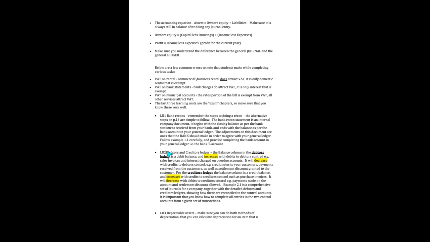Then learning unit by learning unit, just some simple hints and tips, the highlights that you have to watch out for in those specific learning units. The little key things. Sole trader, L4, partnerships, closed corporations, and then incomplete records for your learning unit 7. So this document exists. I'm going to upload it to your more resources tomorrow, and if I've got time, I'll also do a recording talking through this document as well.